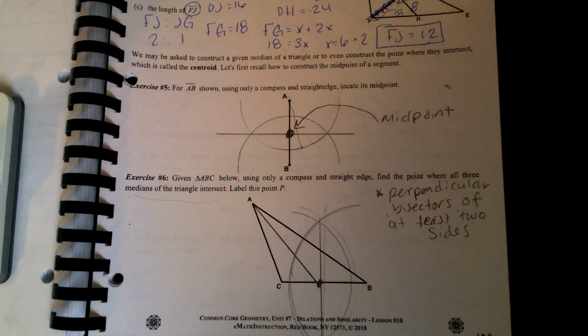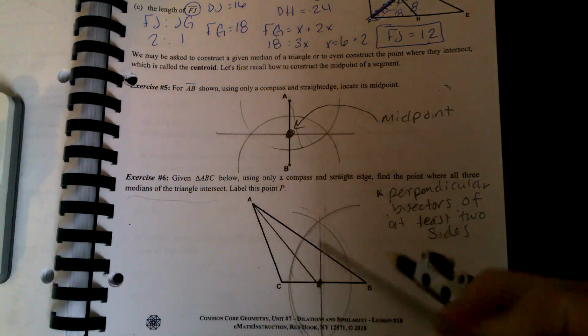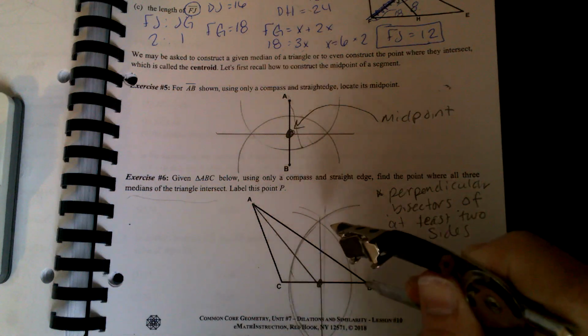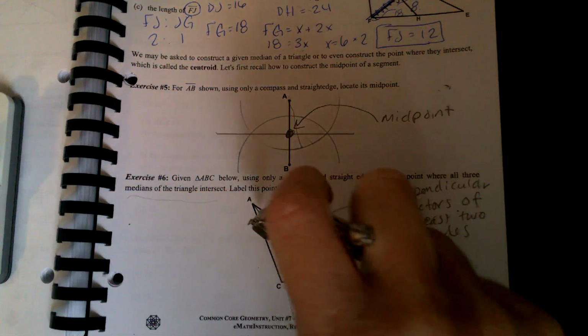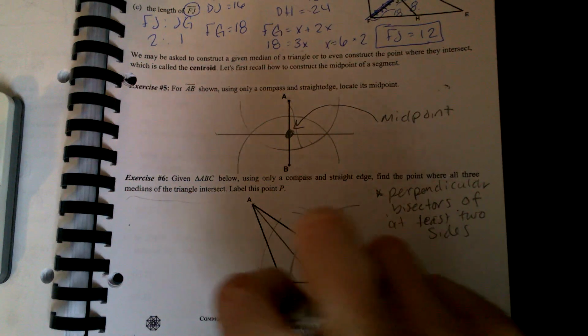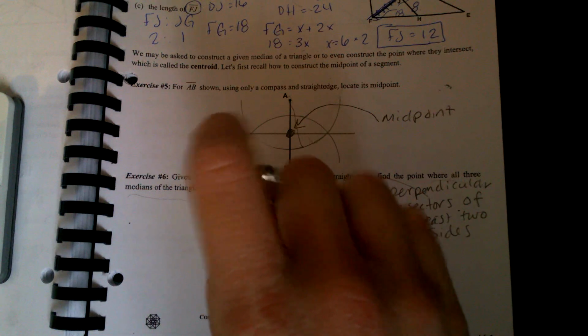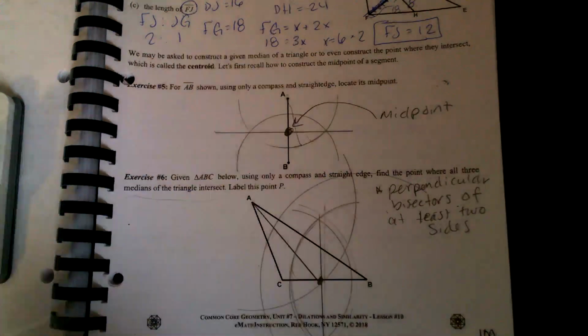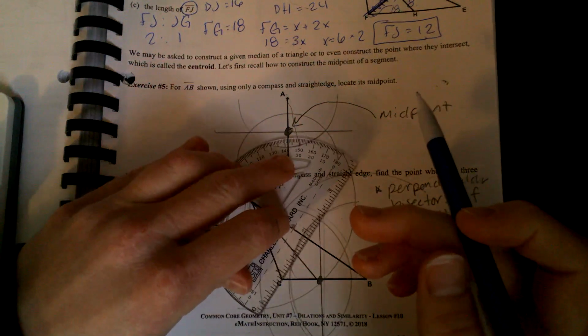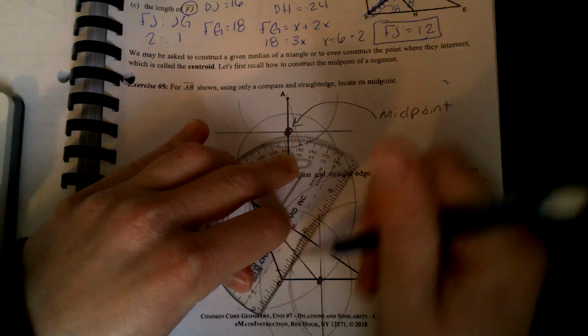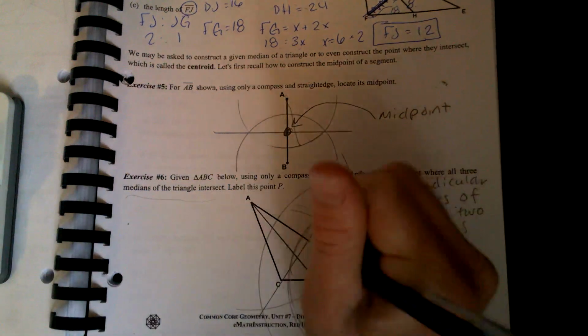All right, so now we need to do the perpendicular bisector of another side. So I'm going to do the perpendicular bisector of AB. Now here's the midpoint.